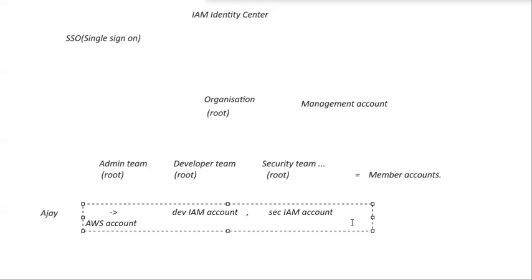That means Ajay needs to remember how many accounts he needs. He needs an AWS account, a developer IAM account, and a security IAM account. So to access one he requires one account, and for development team services he also requires one account, and for security team access he also needs to handle one more account.